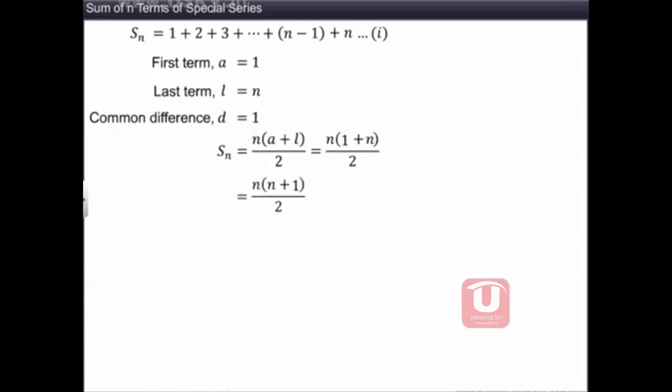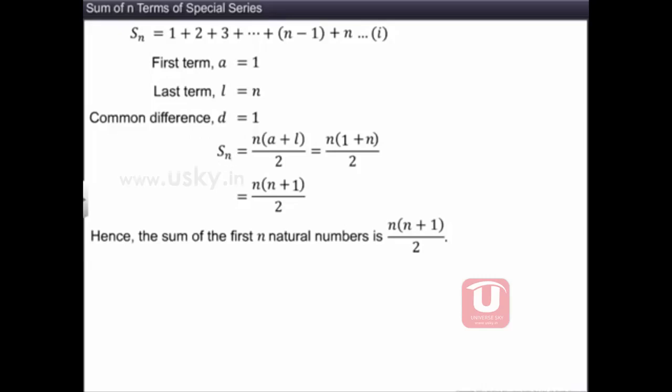Hence, the sum of the first n natural numbers is n(n + 1)/2. The sum of the first n terms is denoted by summation of k, where k is from 1 to n.